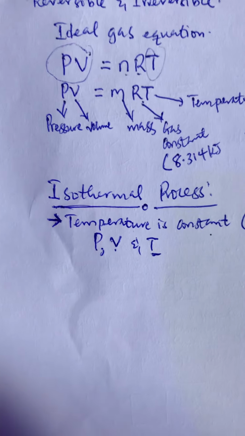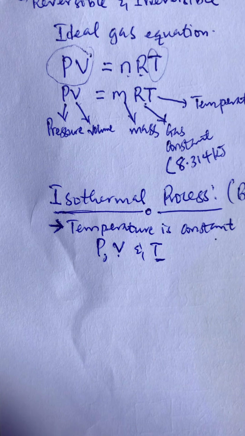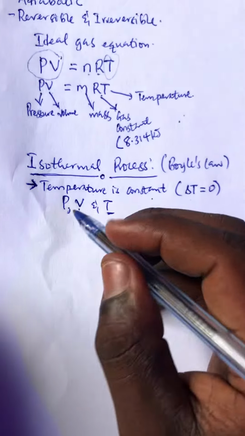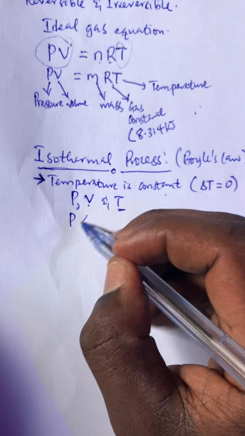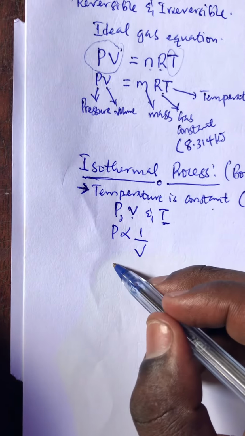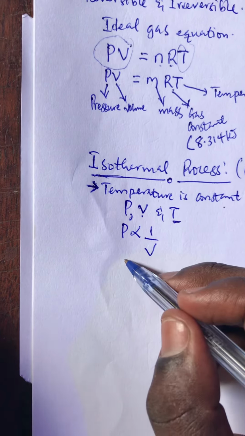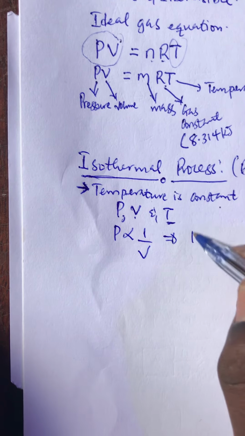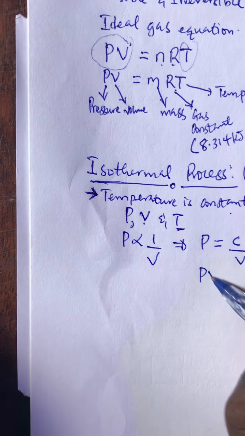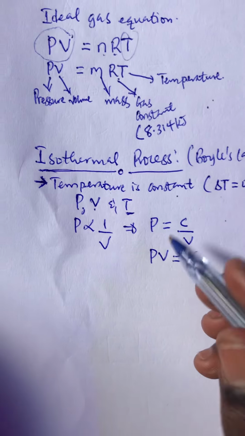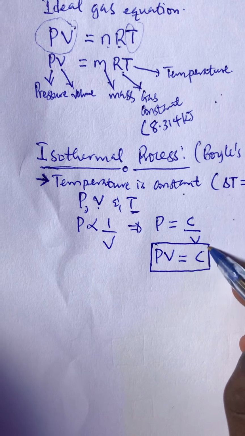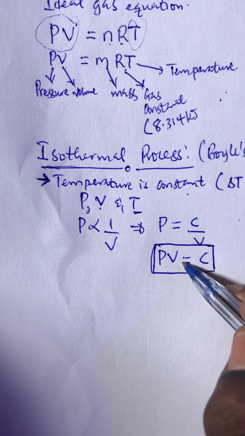Now, which law applies to pressure and volume? This isothermal process is also known as Boyle's law. Boyle's law says that pressure is inversely proportional to volume at a constant temperature. Therefore, if we remove the proportionality sign and introduce a constant, we shall have P is equal to C over V. So PV is equal to C. This law will apply to all isothermal processes.